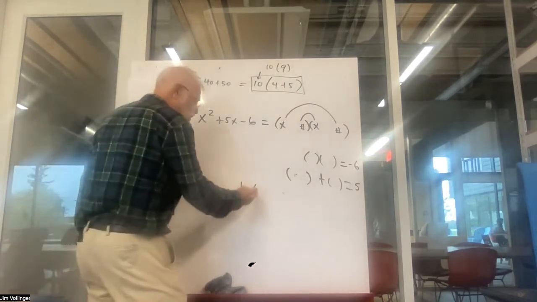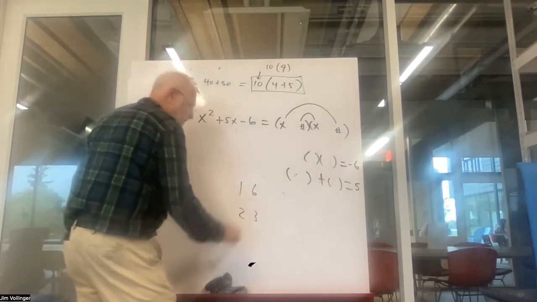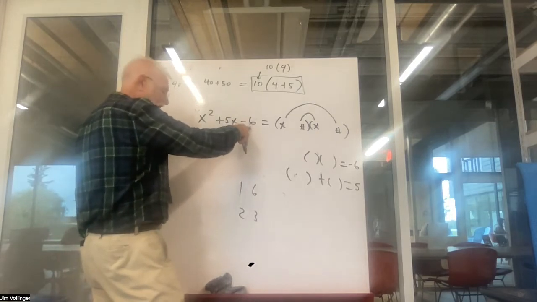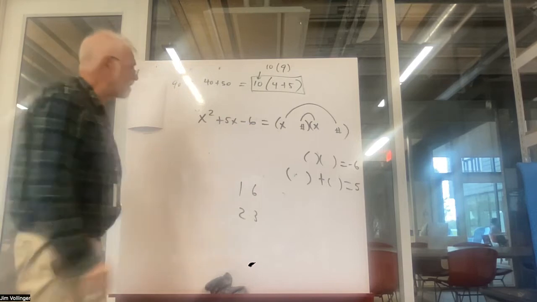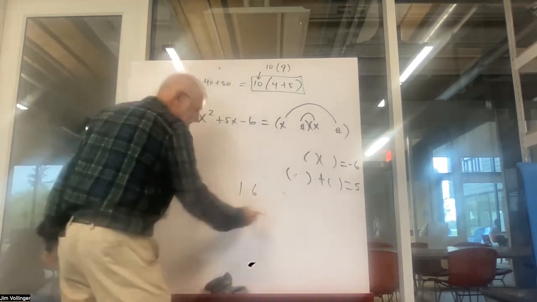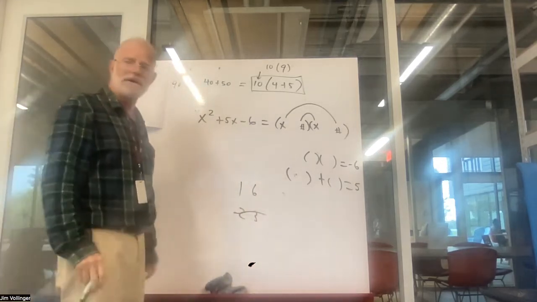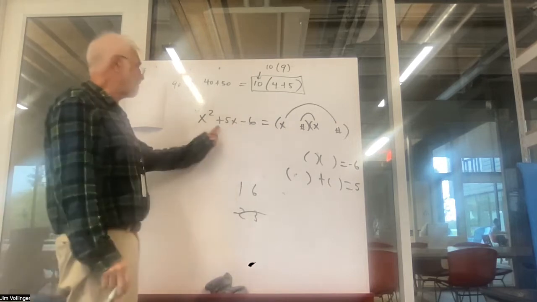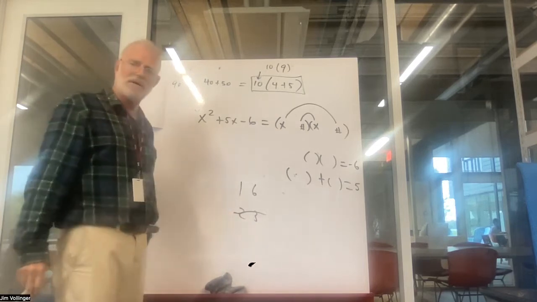Well, there's a way to do 1 and 6 to get 5, and there's also a way to do 2 and 3. If I want to get 5, but a negative product, now that's a problem. Because I don't know how to get a negative product if they're both negative. So that knocks this one right out. Immediately knocks it out, because if they're both negative, it multiplies out to be +6. And they can't be both negative because they got to add up to +5 anyway. So that's out the window.